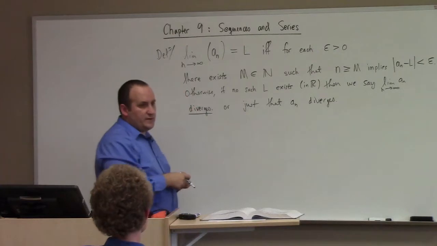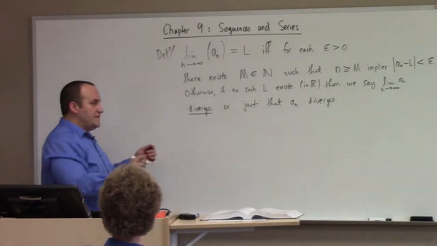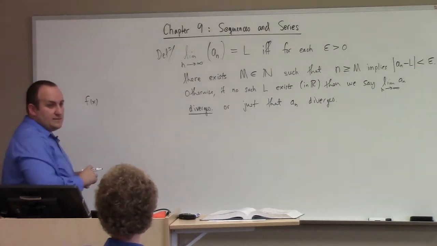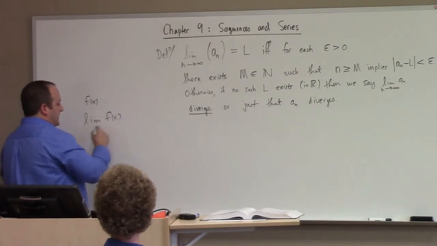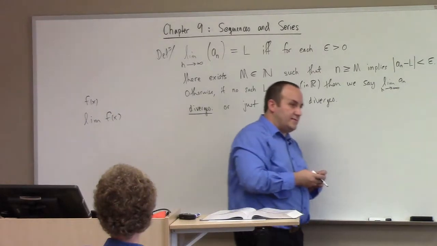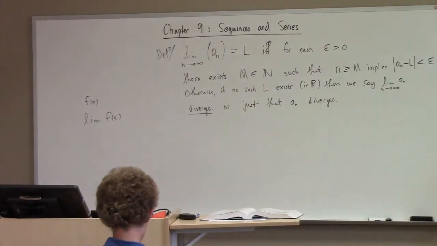And there's no ambiguity in saying that here because, you know, you talk about a function, right? f of x. And I talk about the limit of f of x. What kind of limit am I talking about if x is a continuous variable?